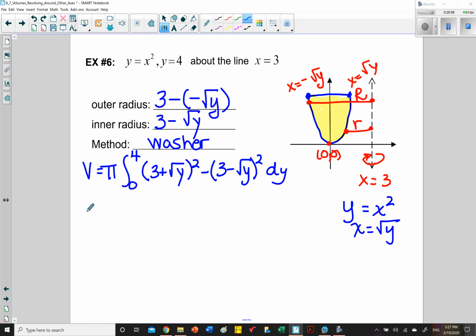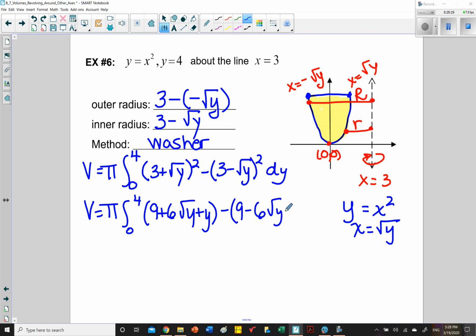We'll have some things cancel away here once we expand. 0 to 4, that's 9 plus 6 square roots of y plus y minus 9 minus 6 square roots of y plus y dy. What's going to go away? This 9 minus this 9, this y minus this y. We end up with 12 square roots of y. So we're going to integrate from 0 to 4, 12 square roots of y dy for the volume.